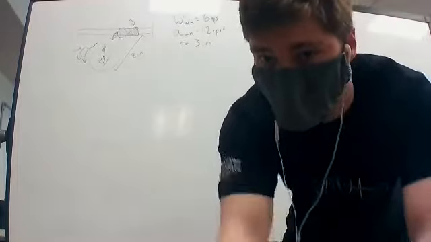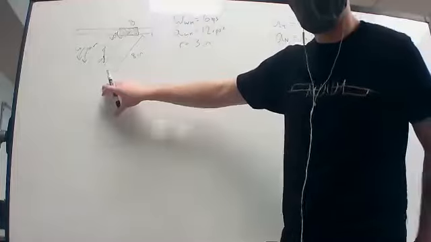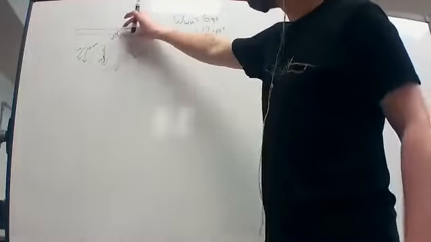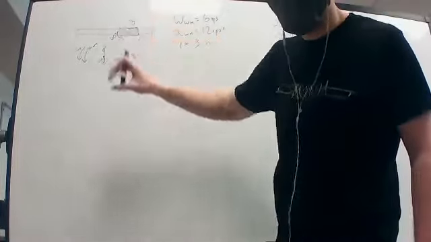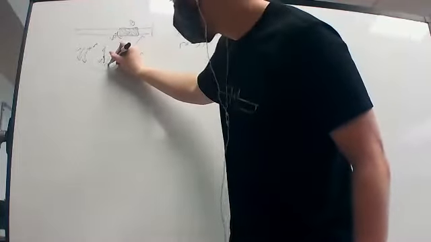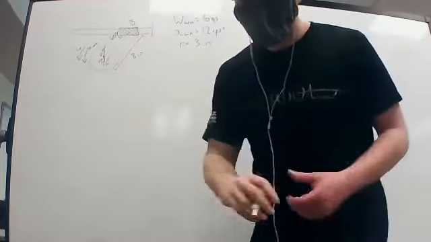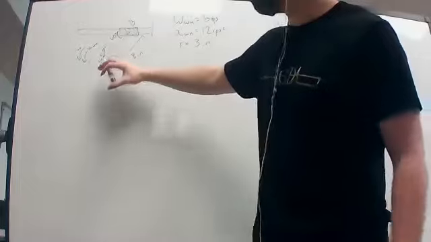Okay, so that's everything we're given. We know right away that this wheel is going to be GPM, and B, this slider here, is going to be translation. We'll label this as A. That point is A, and the center is O. So AB is also going to be GPM.